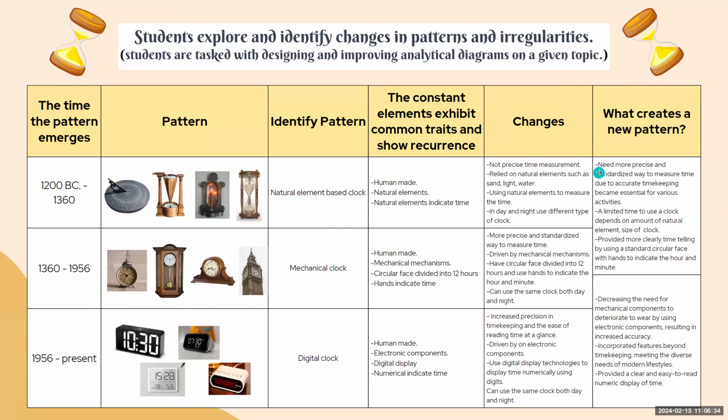So what creates the new pattern? This pattern needs a more precise and standard way to measure time, and this pattern limits the time to use a clock in day and night. It needs clearer time telling, so it creates the second pattern, the mechanical clock.